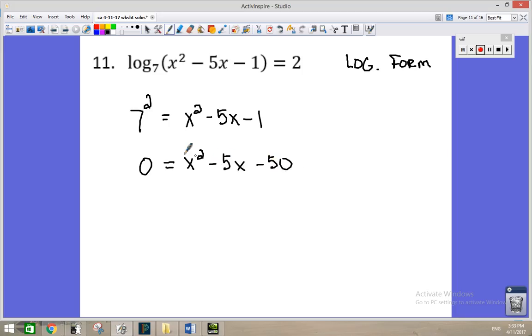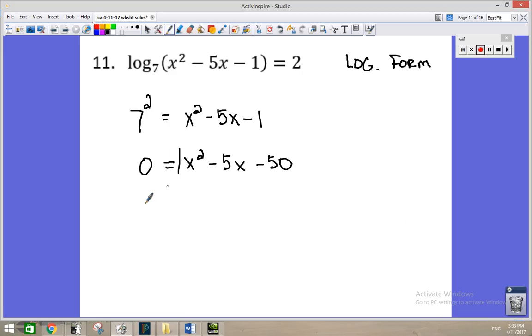Now, when the leading coefficient is 1, I don't necessarily have to do the x method that I talked about in Algebra 1. The true advantage of the x method is when this leading coefficient is a large composite number. Then that really gives you an organized way to factor this.